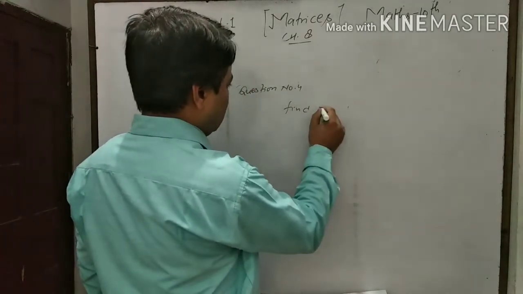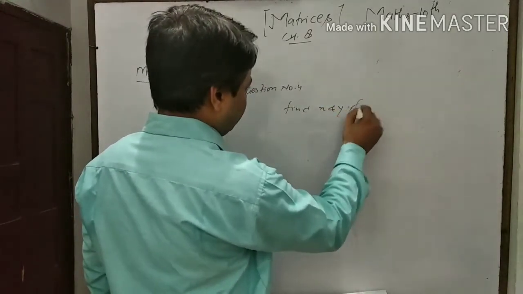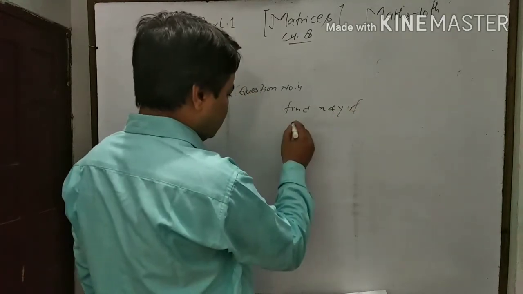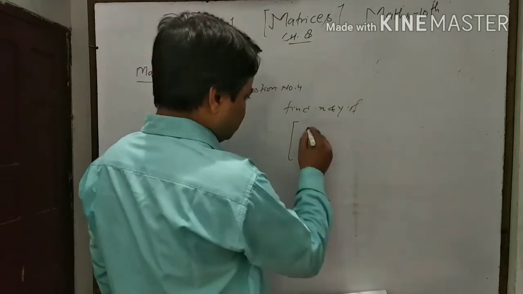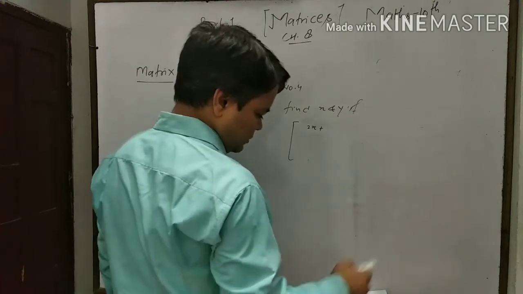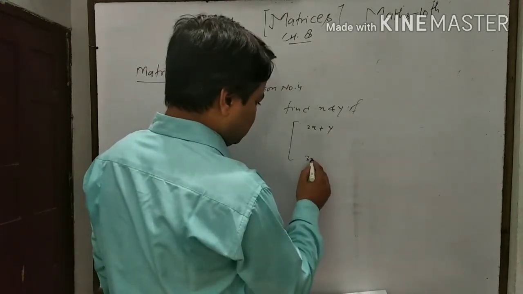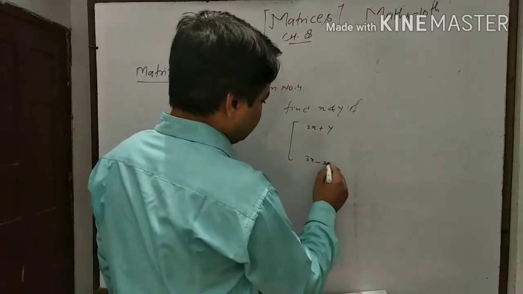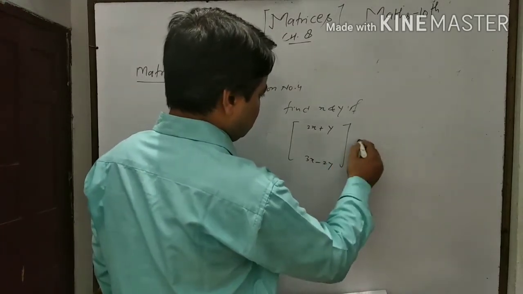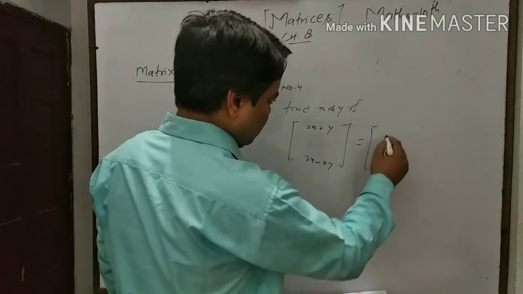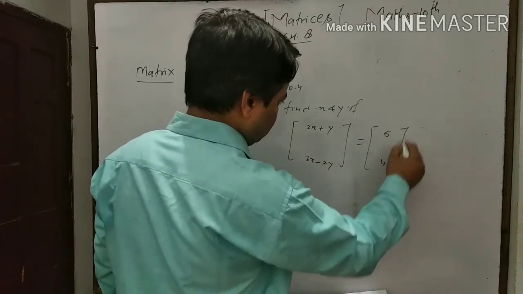Find x and y if, what is the condition? This is given: 2x plus y and here 3x minus 2y is equal to this, 5 and 4.